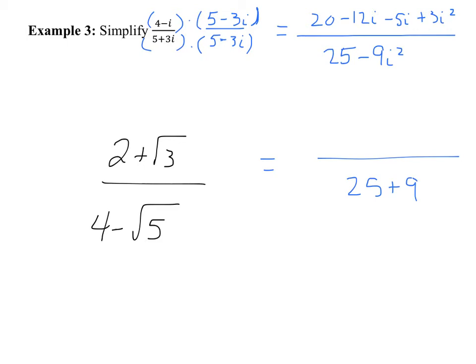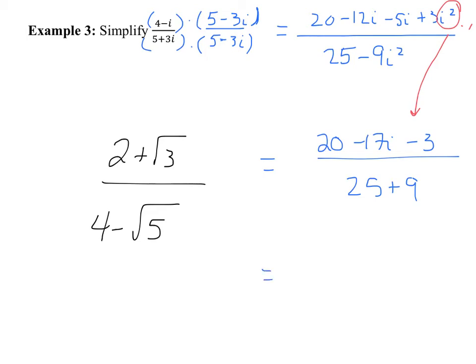The numerator, when I combine like terms, becomes 20 minus 17i minus 3. Again, recalling that I'm going to replace this i squared with negative 1, therefore making this a negative 3 down here. So 20 minus 3 gives me 17.